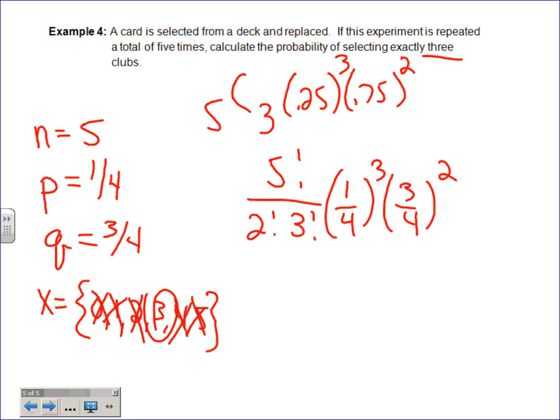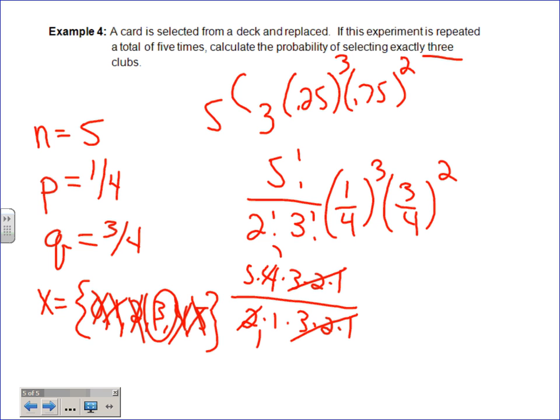So this is basically 5 times 4 times 3 times 2 times 1 over 2 times 1 times 3 times 2 times 1, right? So slash, gone. So in other words, 5 choose 3 is 10.